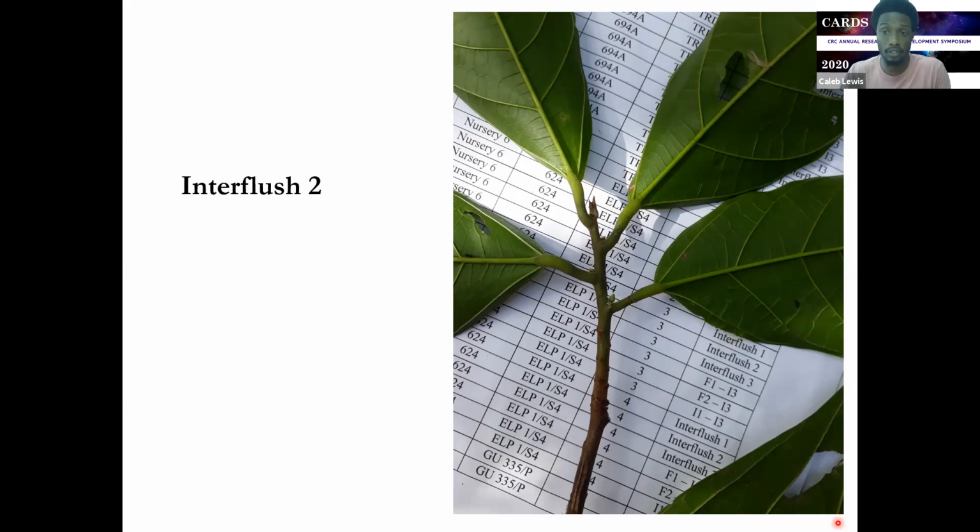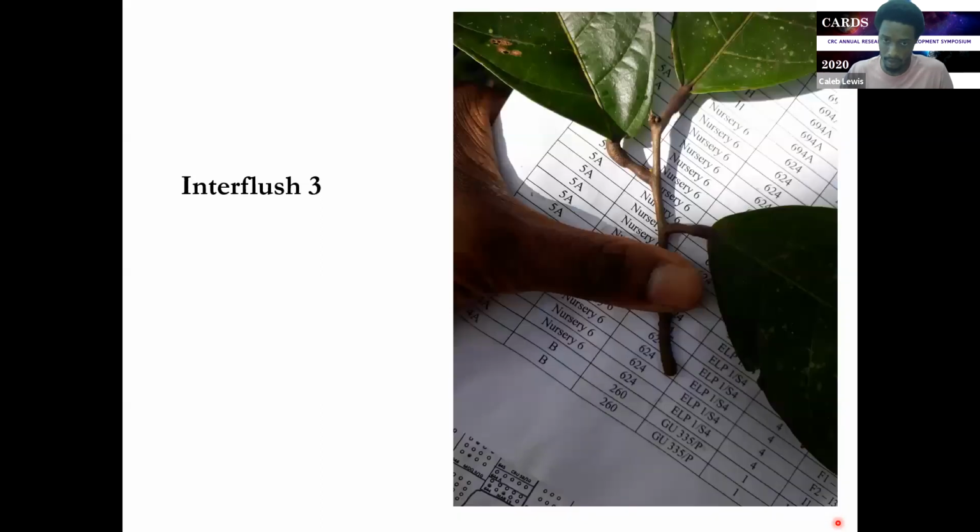So this is the interflush 2 phase of development. For the interflush 3 phase, as you can see, the leaves look more mature, and on both sides of the stem there's that maturity. There are no chlorophyll pigmentations observed on the back side of the stem itself.